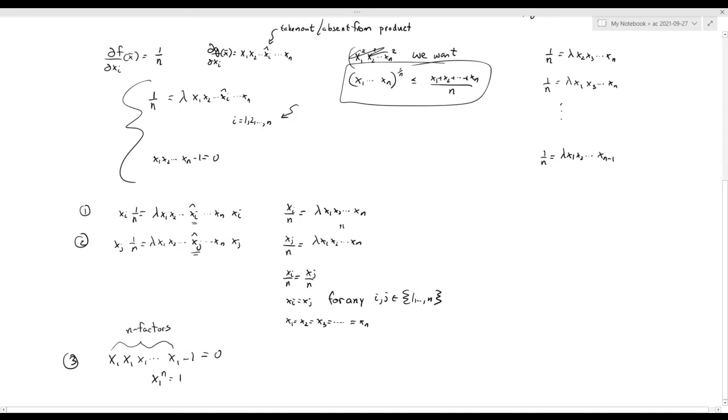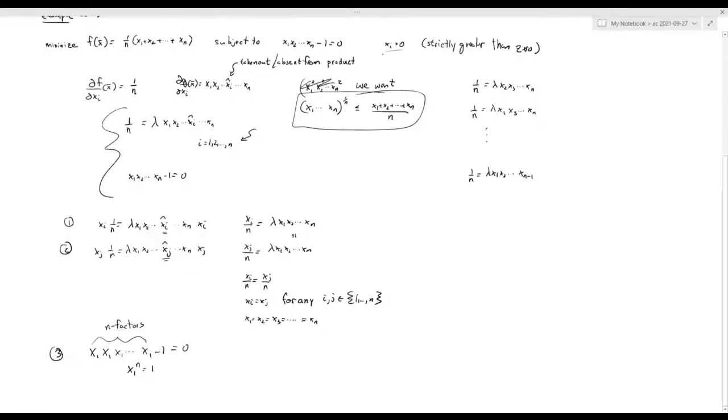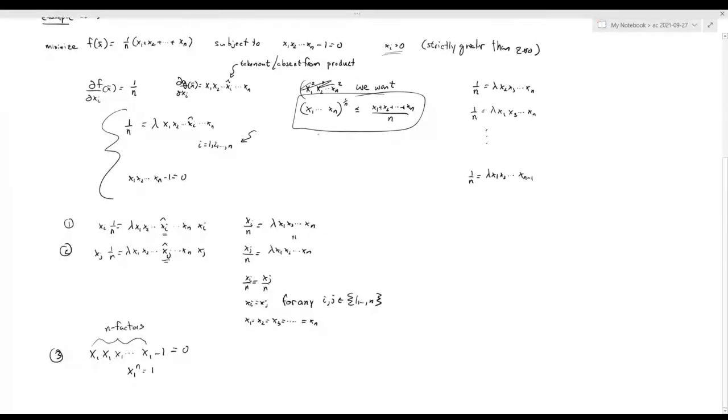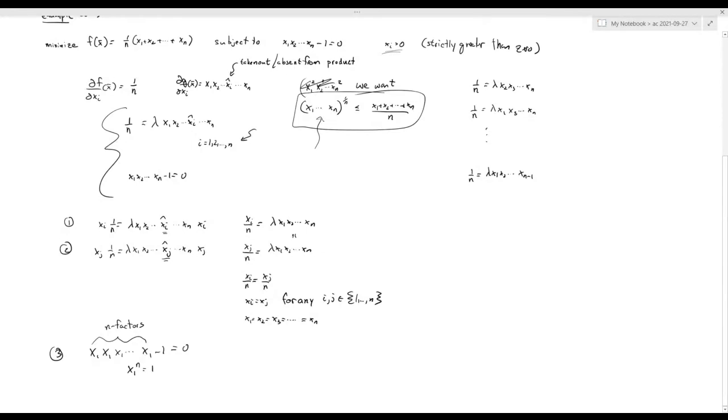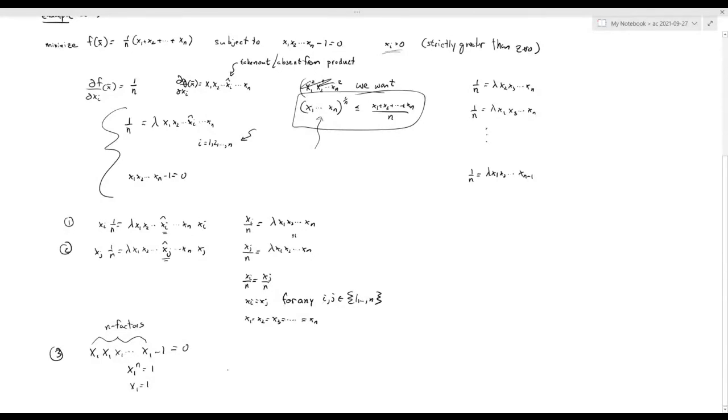So obviously x1 has to be, depending on whether n is odd or even, positive 1 or negative 1, but we are looking at x's which are strictly positive because we're specifically looking at this geometric mean, arithmetic mean business. So we're assuming we're working with positive numbers. So x1 would be 1, which makes all the variables 1.